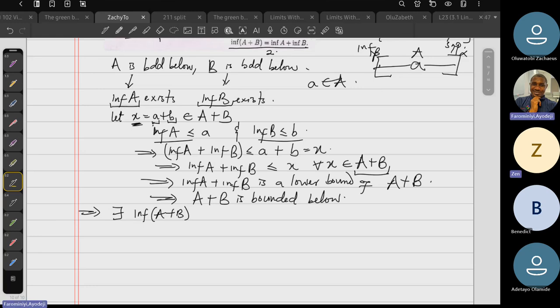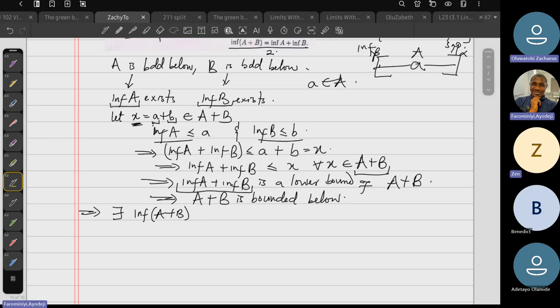We can see something here that is a lower bound: the infimum of A plus the infimum of B. It is a lower bound, so it is a candidate. We just need to confirm that it is actually the infimum. And this is where we need that characterization.